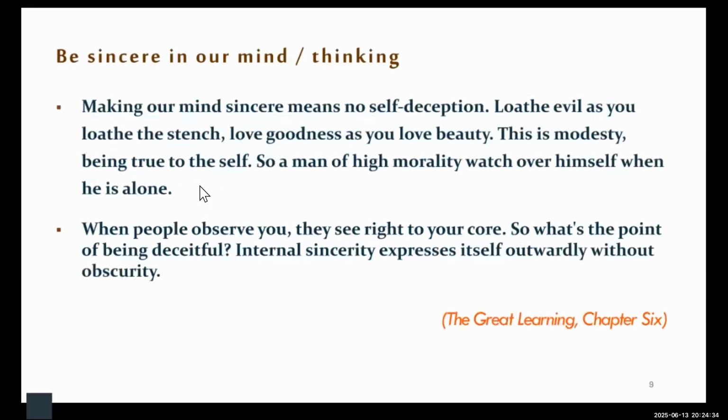And in the Great Learning, I forgot which chapter, chapter 6, it says being sincere is making our mind sincere, which means there's no self-deception. We loathe evil as we loathe a stench, the bad smell, and love goodness as we love beauty.